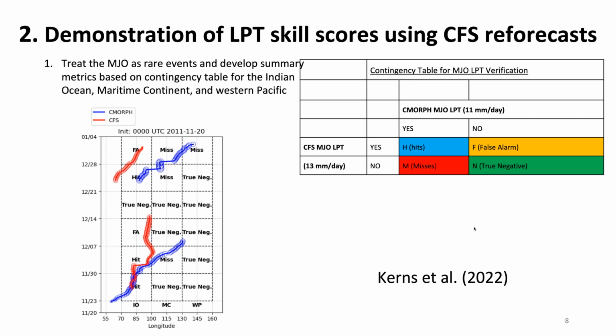So they become separate. In that case, it will be a miss. And if you go to the upper part of the figure, you can see the 2 events are separate. The forecast event stays in the Indian Ocean. The observed event started from the Indian Ocean and propagated into the Pacific. Even though the timing is perfect, the locations are completely separate. In that case, it will be a false alarm in the Indian Ocean and a miss over the Maritime Continent and Western Pacific. Next, please.